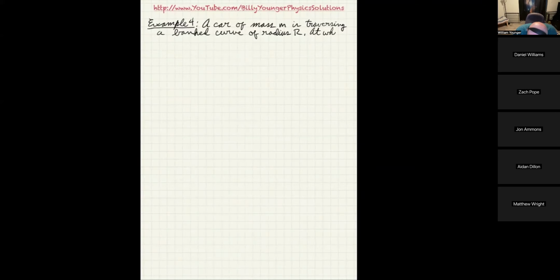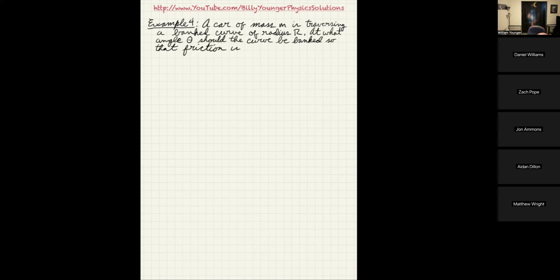At what angle theta should the curve be banked so that friction is not required?